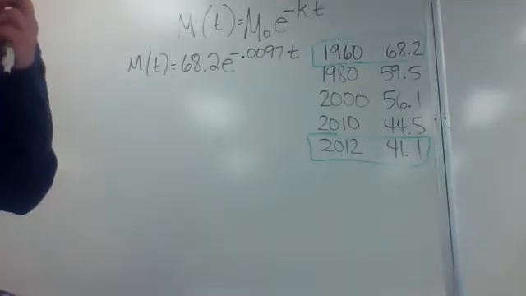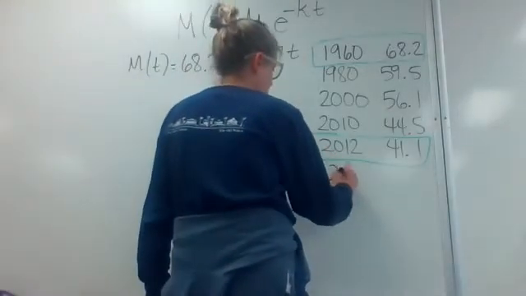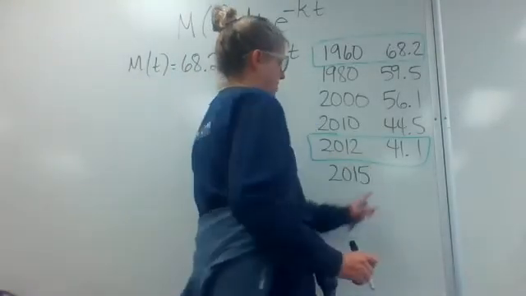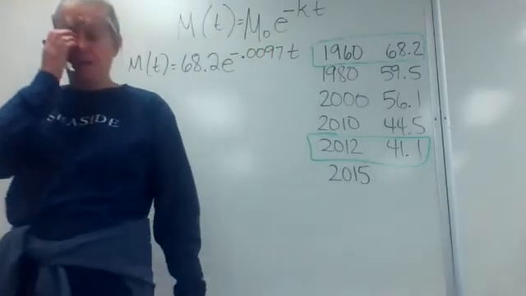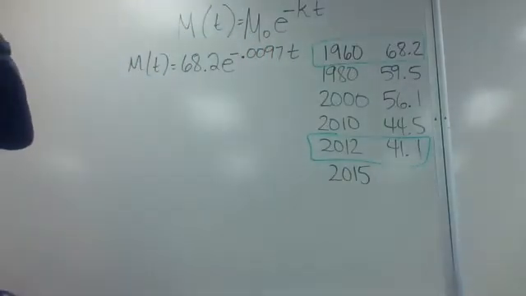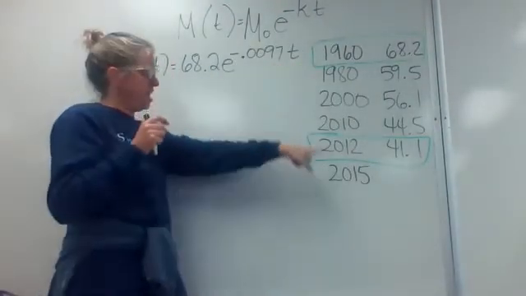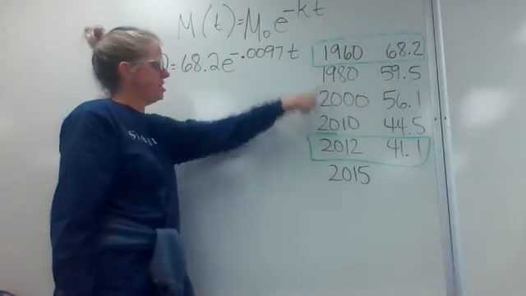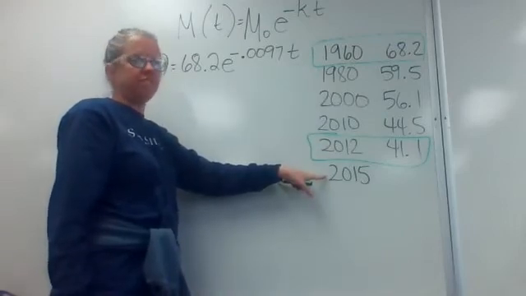Because the next question says in 2015, blank % of adults will be married. So 2015, we're looking for this. What % of adults will be married? Which means, what am I finding? How many years after 1960 is 2015? 55.